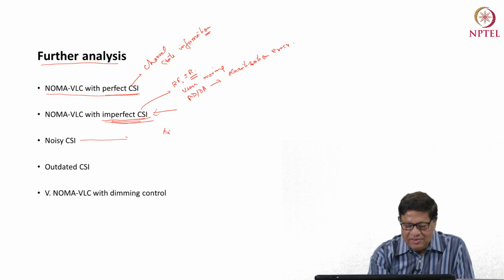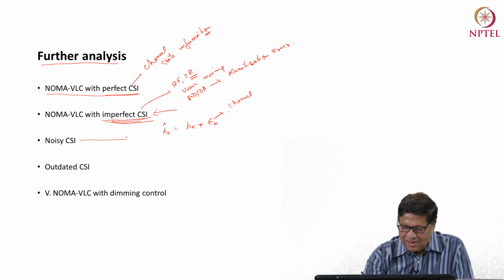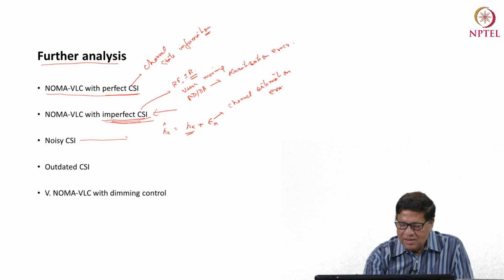The estimated DC channel gain for the K-th user, for example, will be some h_k, which is the actual value, plus some channel estimation error, because there may be some noise present, and this will result in an estimated value which is different from the actual value. So this is the channel estimation error, and it has a normal distribution with zero mean and some variance.